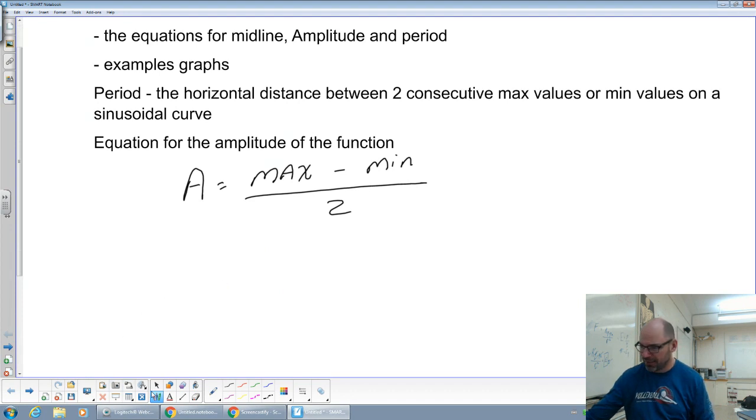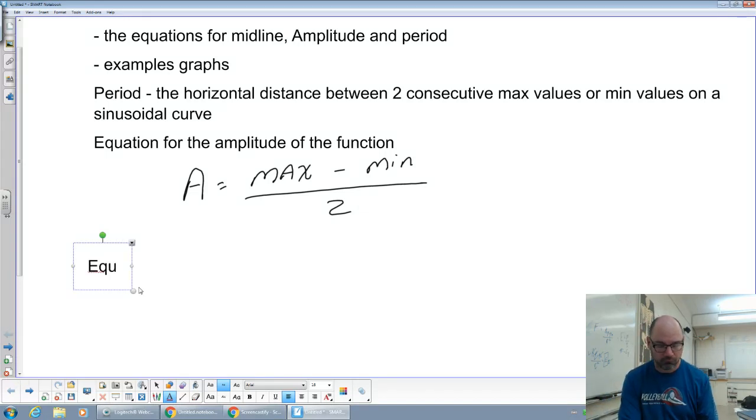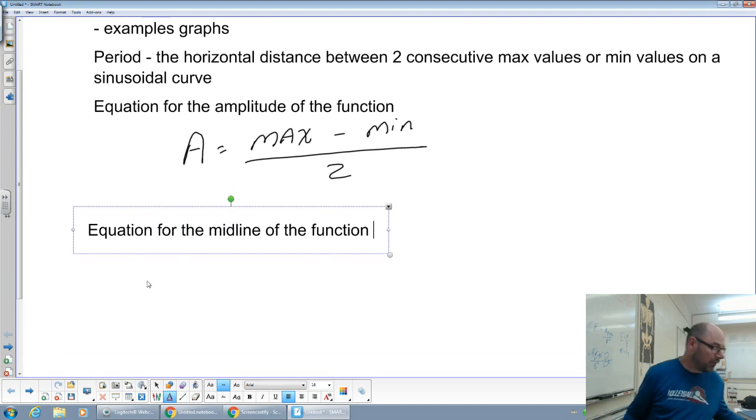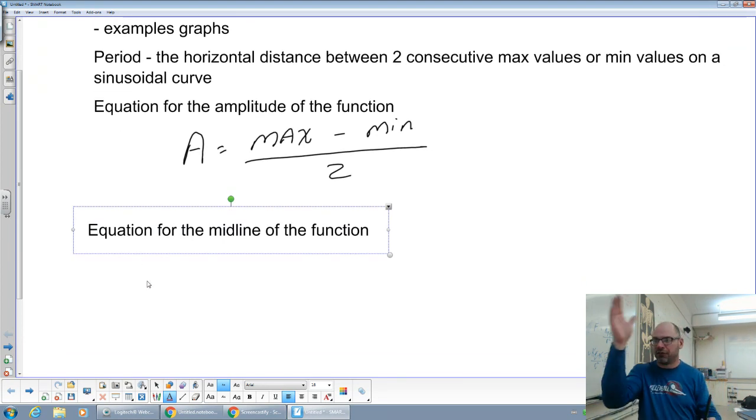The equation for the midline is very similar, but it's a different sign in between. Okay, the equation for the midline of the function is, so when we're talking about sinusoidal functions, we're talking about functions that repeat and follow that sine wave up and down type pattern.